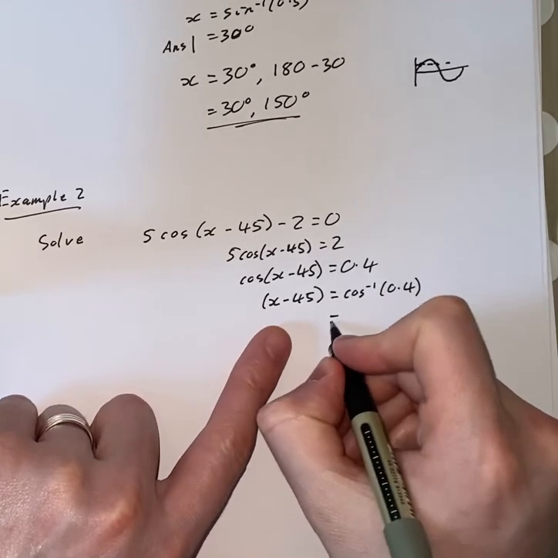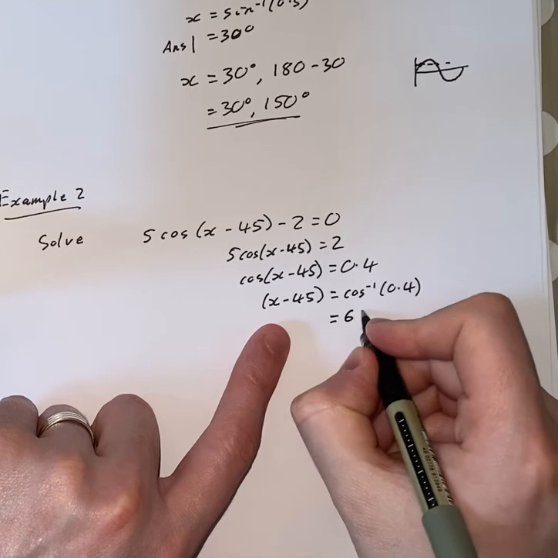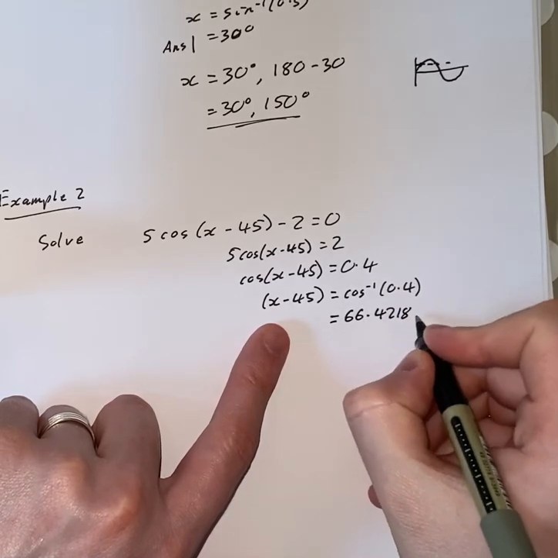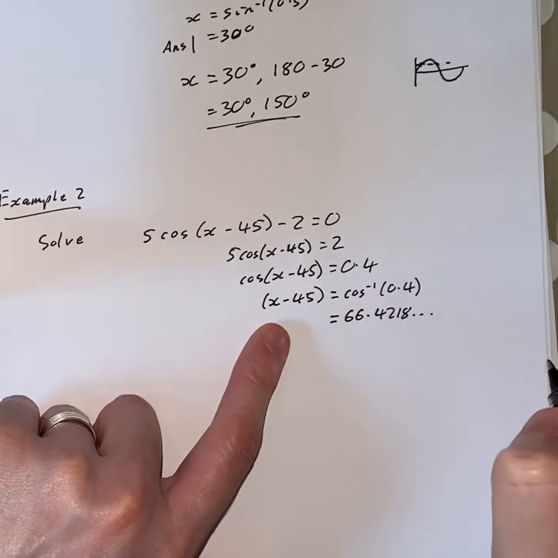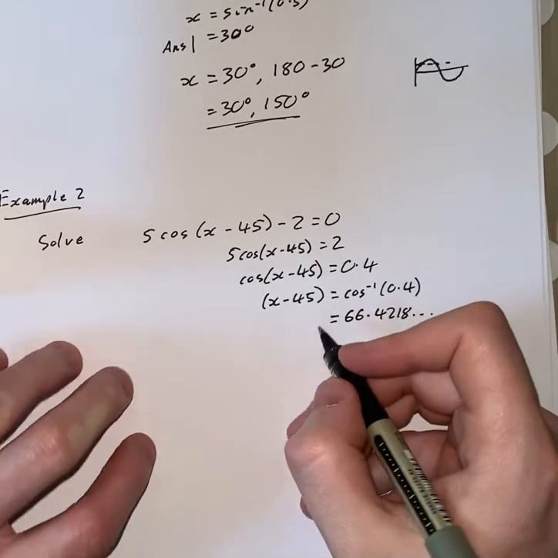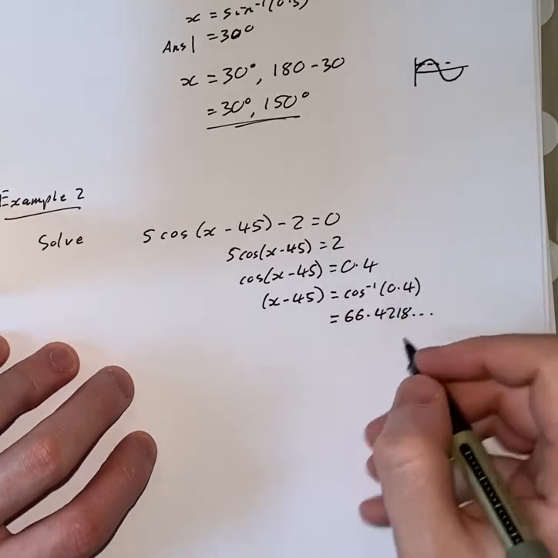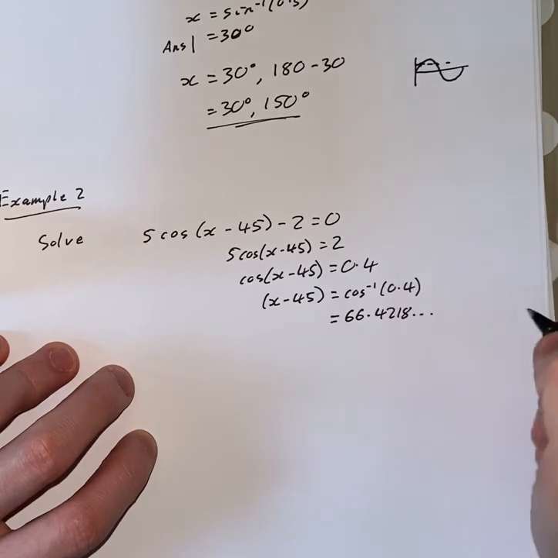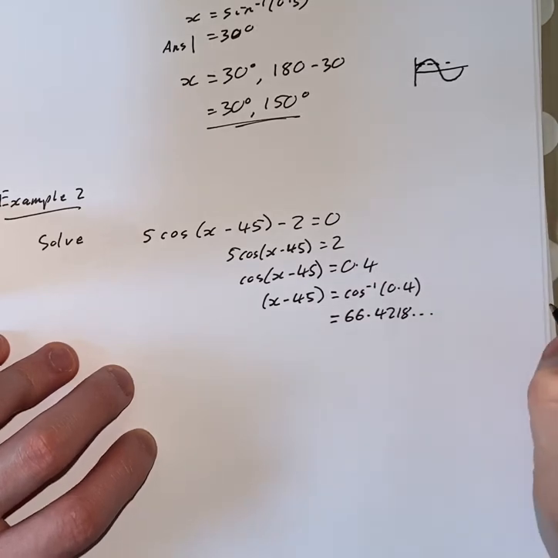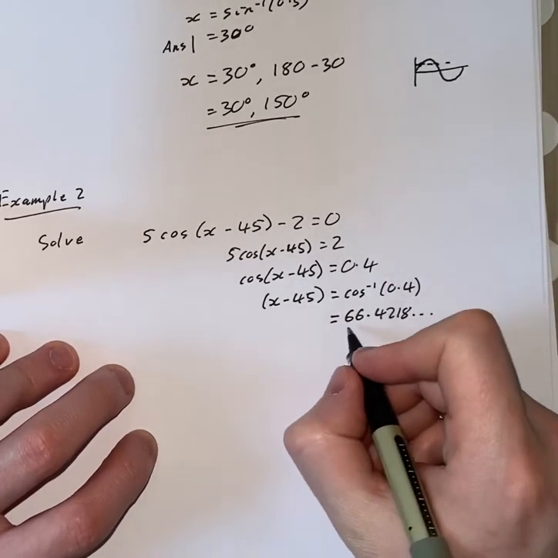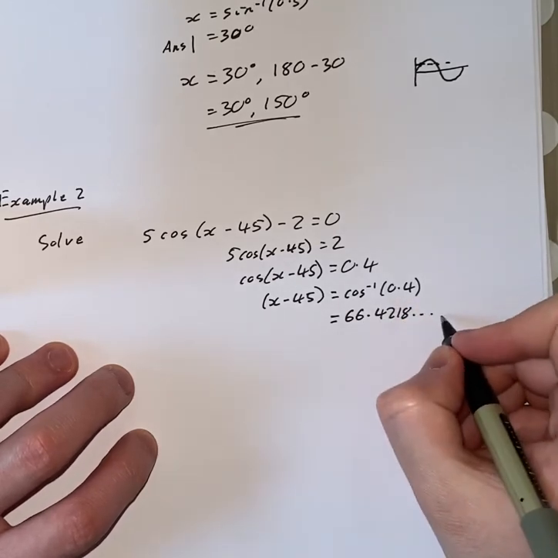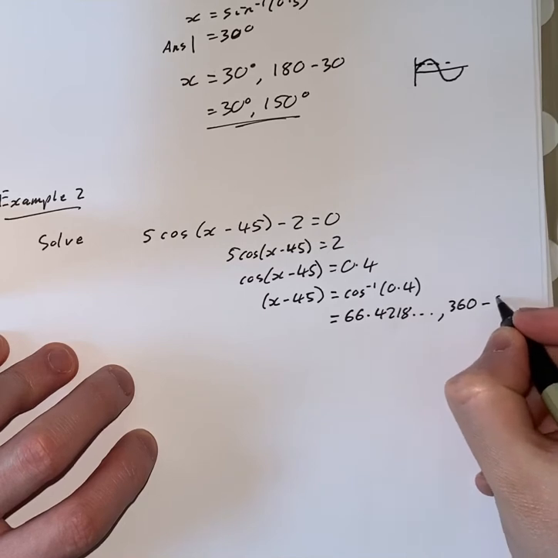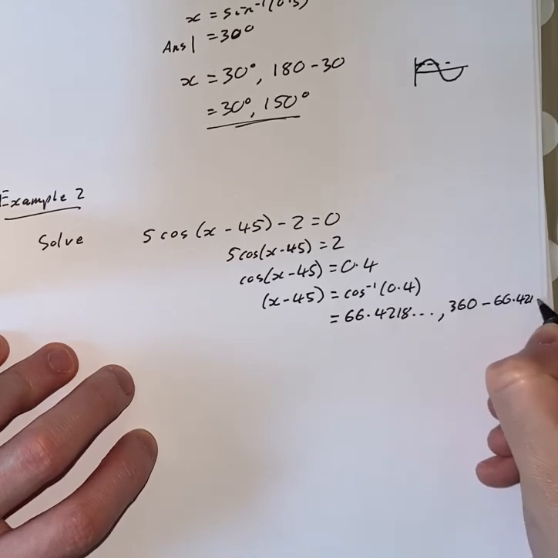So what that's going to give us is 66.4218, and then it carried on for a bit. What we need to think about here is that because we're dealing with cos, we're going to do 360 minus that answer. So our two possible answers are this 66.42, etc., and 360 minus 66.4218.